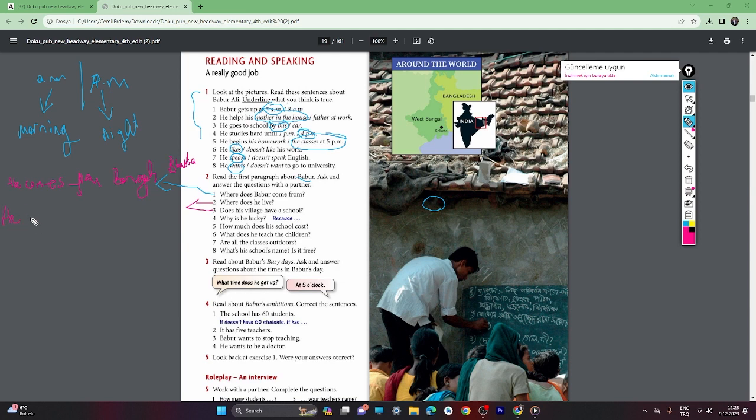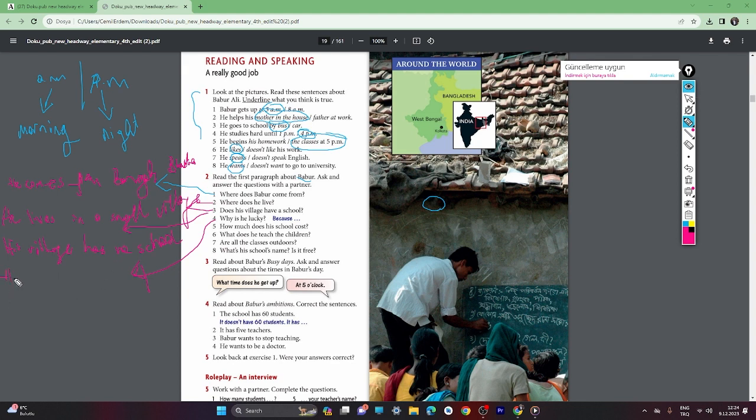He lives in a small village. Okay. Does his village have a school? His village has no school. So there is no school. Why is he lucky? Because he can go to a private school in the next village.